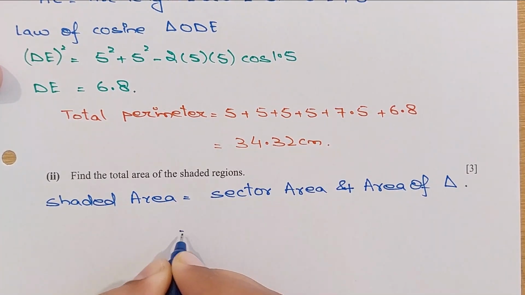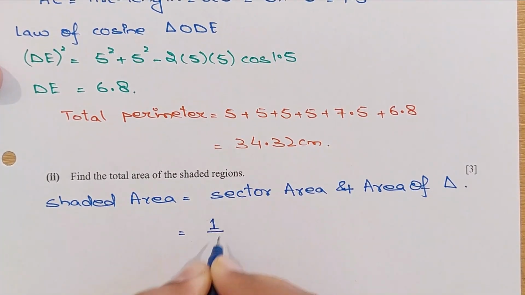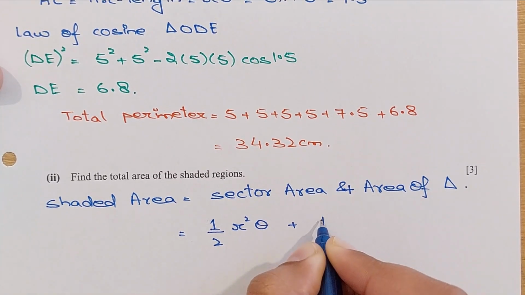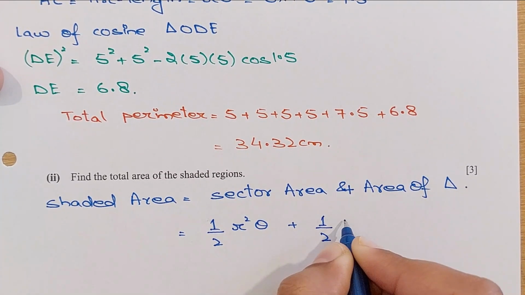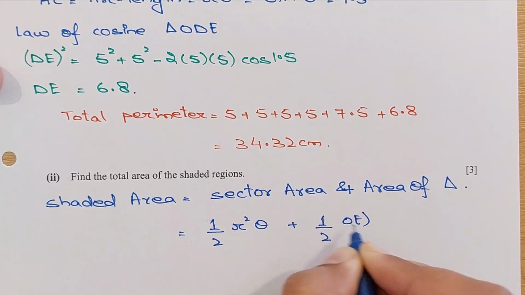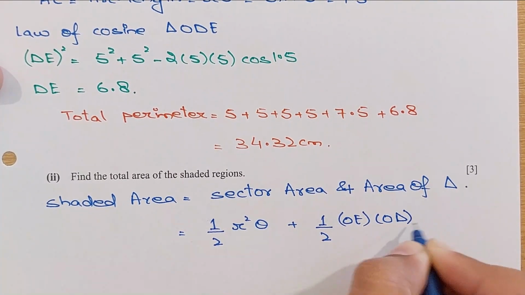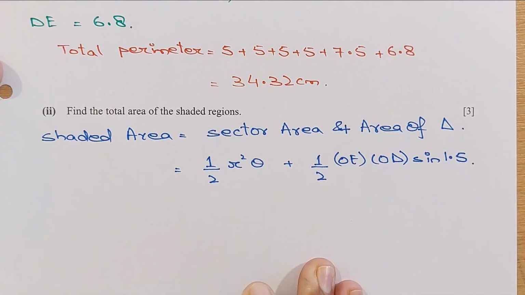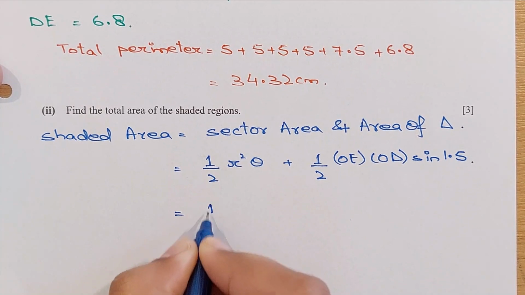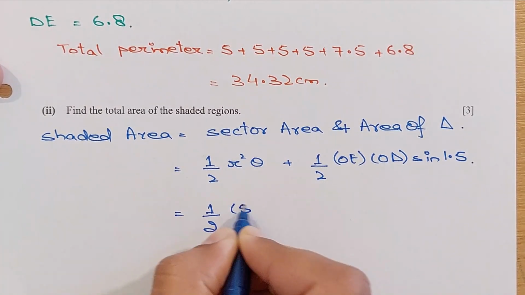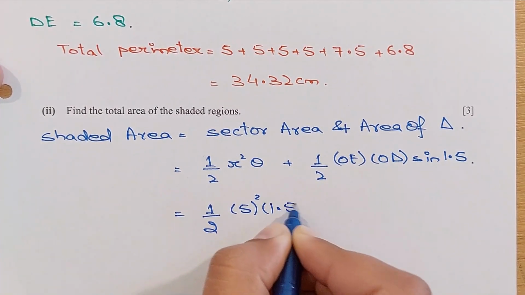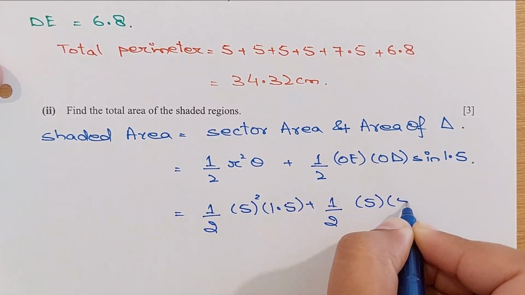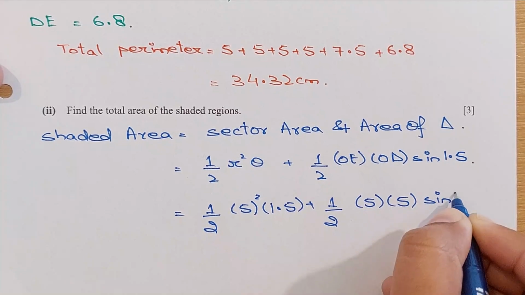Sector area is half radius squared theta, and area of a triangle is half the two sides, OE and OD, and the sine of the angle between them, which is 1.5. So half times 5 squared times 1.5, plus half times 5 times 5 times sine of 1.5.